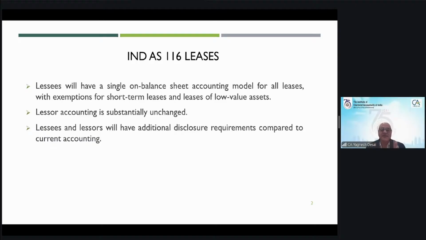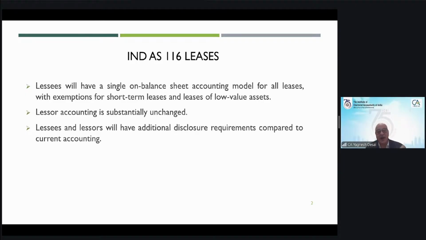So once a contract is qualified to be a lease, and subject to certain conditions, I'll tell you what these conditions are. These conditions are very important. If a contract is established as a lease subject to certain conditions, then the lessee recognizes A, the present value of the lease payments. These lease payments are discounted using the incremental borrowing rates. Friends, I have given an example of how to compute the incremental borrowing rates.